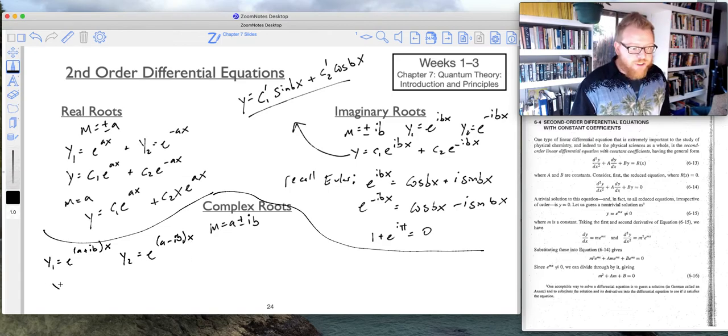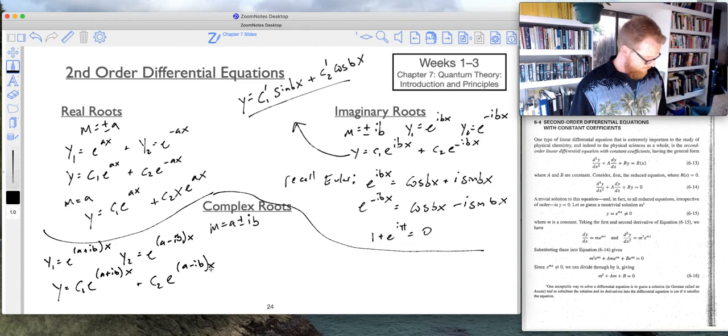My general solution in terms of exponentials would be c1 e to the a plus ib, all times x, plus c2 times e to the a minus ib, all times x.